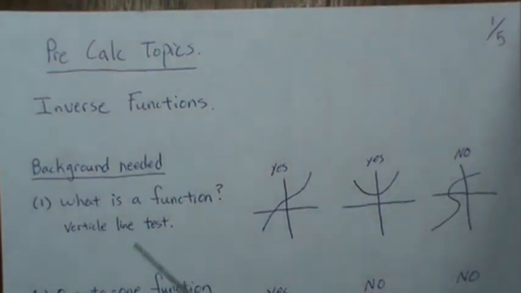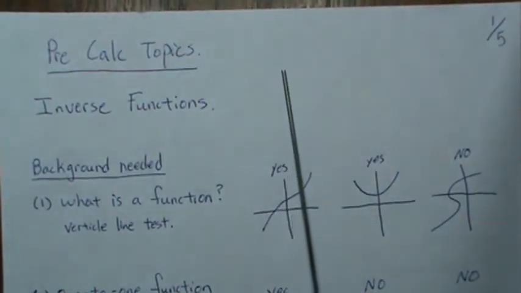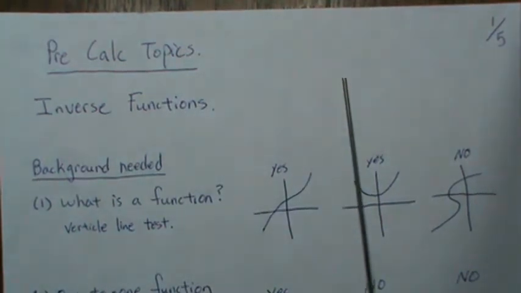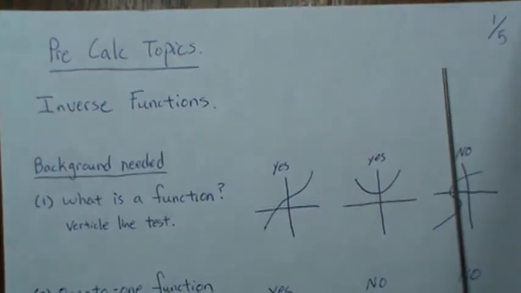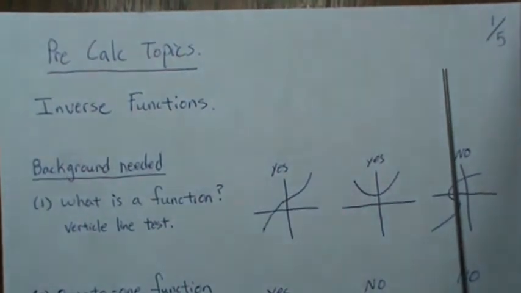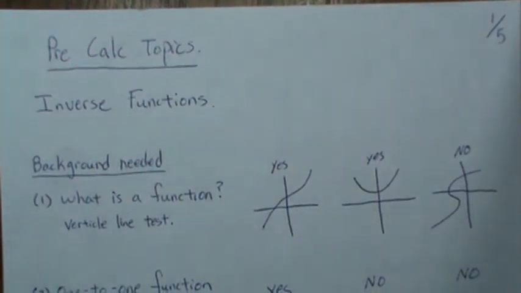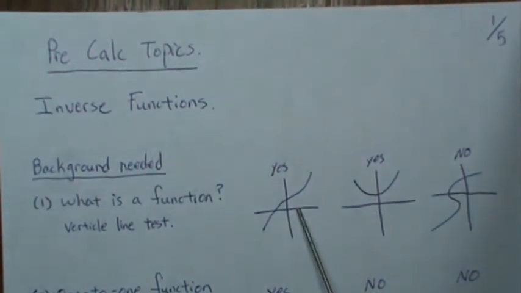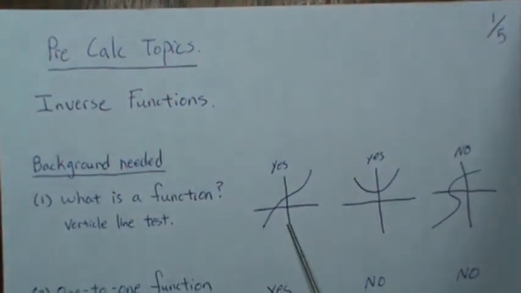And that's the vertical line test. So if a vertical line only passes through one spot on the graph, then it's a function. And right there, it just crossed more than one spot. So this is not a function. And a function means that when you put in one x, you get one y.